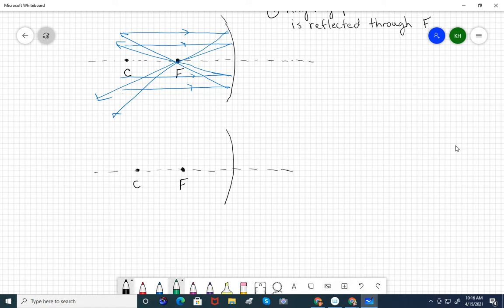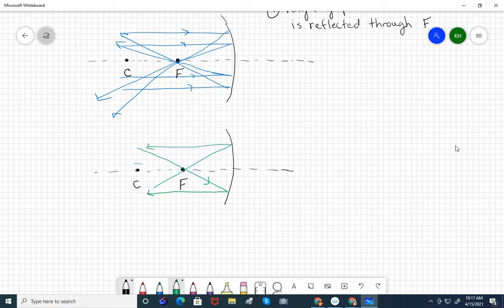And say that any ray that comes in through the focal point will reflect parallel. Well, remember, light is reversible, so that makes perfect sense. If parallel rays would reflect through F, then rays through F will reflect parallel. So if we have another ray coming through F, it will go parallel.